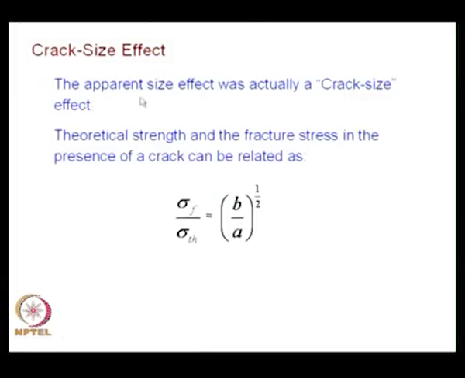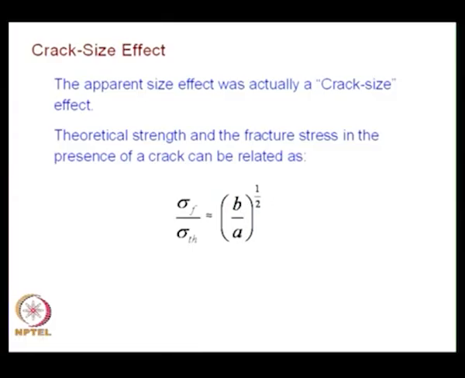So, what Griffith concluded was the apparent size effect was actually a crack size effect. And if you look at the expression for theoretical strength as well as fracture strength, I can find out the ratio of sigma f divided by sigma th, that is approximately equal to (b by a) whole power half.